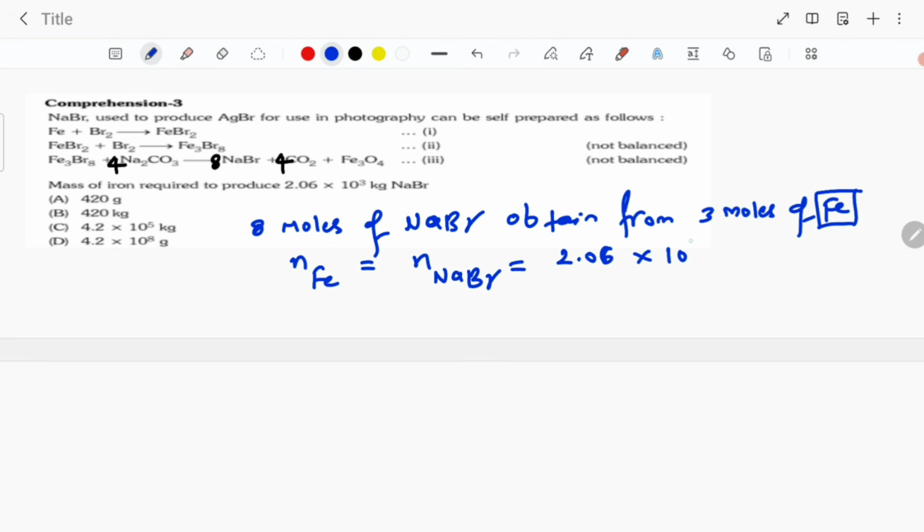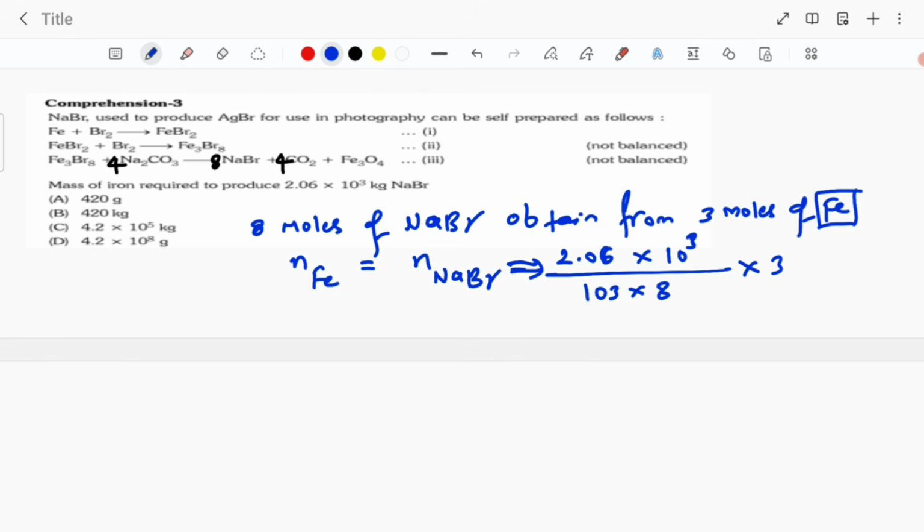So moles of NaBr I am taking as 10 power 3 by 103, into 8 into 3. Why? Because 8 moles of NaBr are obtained from 3 moles of iron.